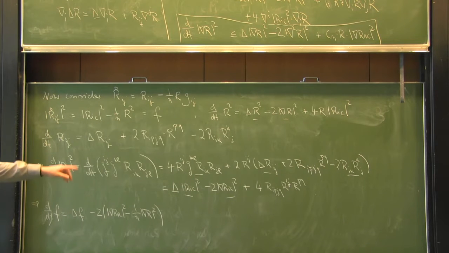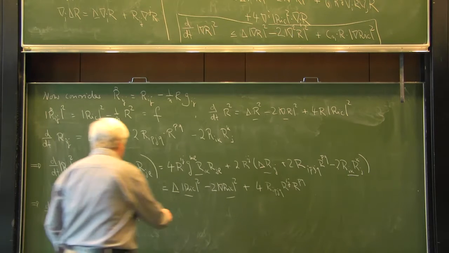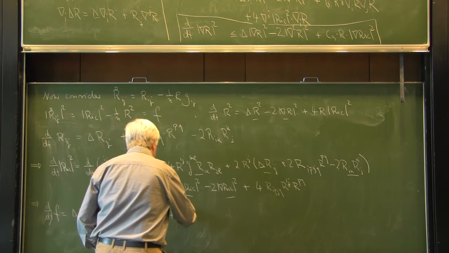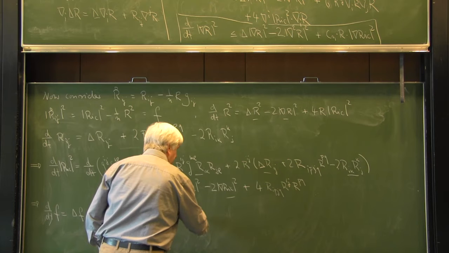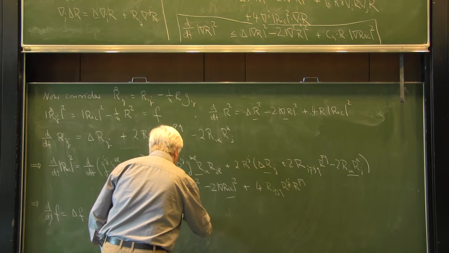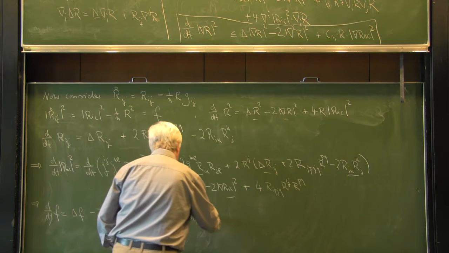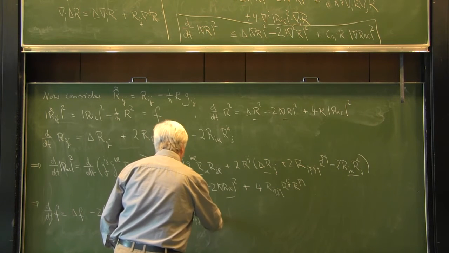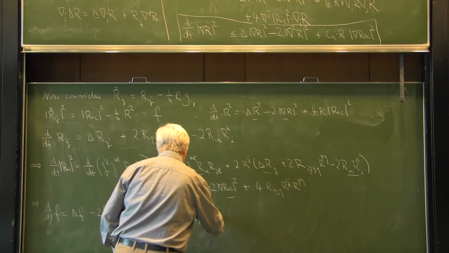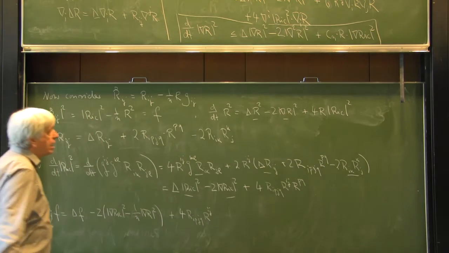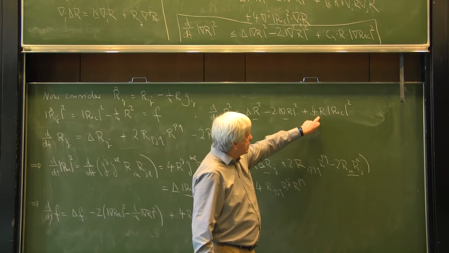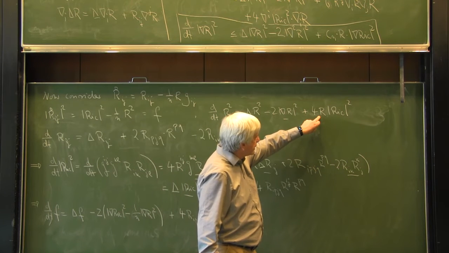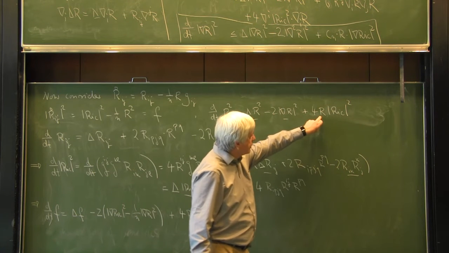And then the absolute terms combine in such a way that I have 4 times R_ipjq times R_ij R_pq.